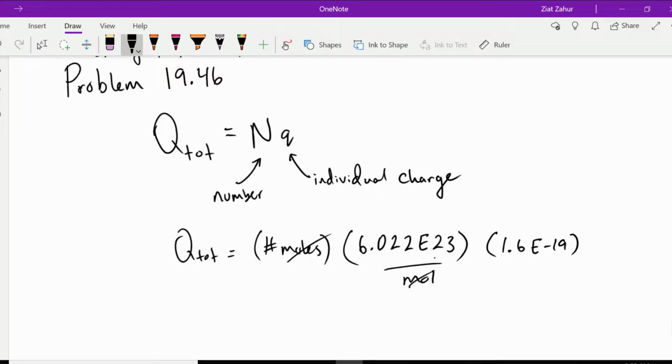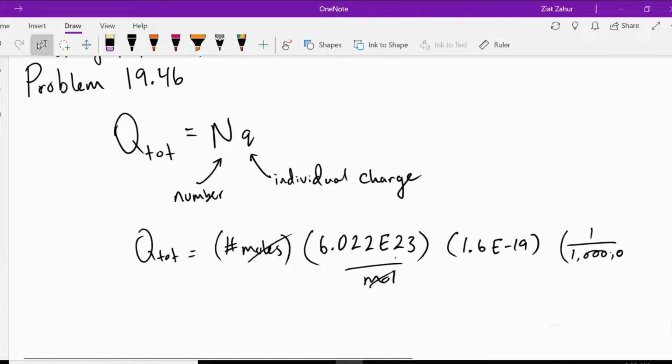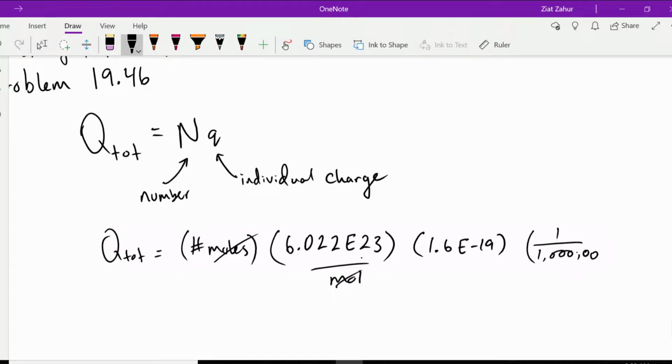Now I'm doing positive because we're going to lose these electrons and the oxygen molecules will become positive. And of course we only have 1 in 1 million of these, so I'll go ahead and multiply 1 in 1 million. Okay, so you take your number, multiply by Avogadro's number, multiply by q, and then divide by a million, and that should do it.